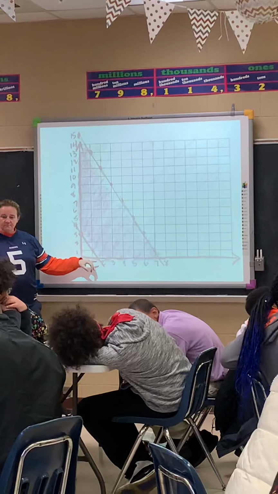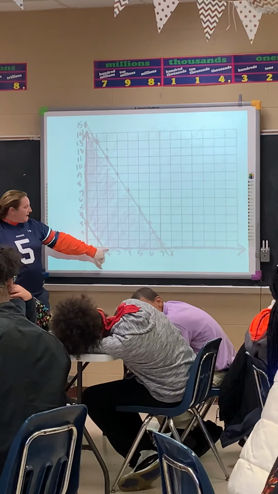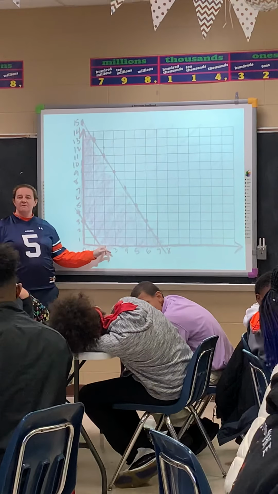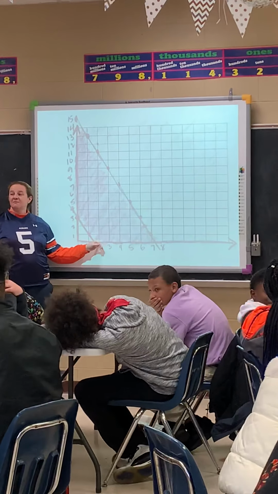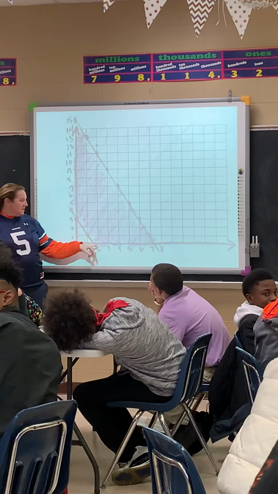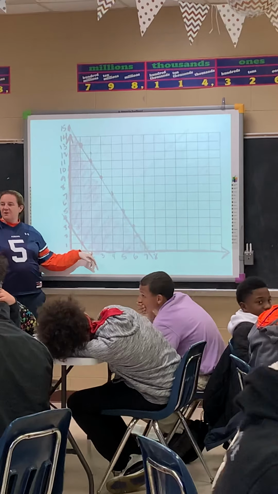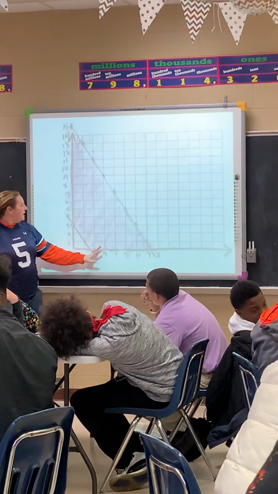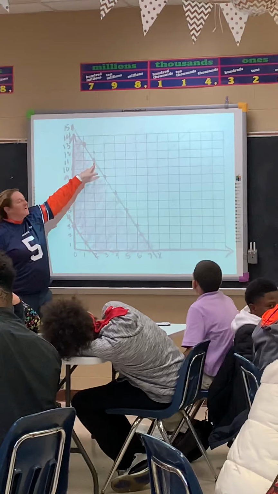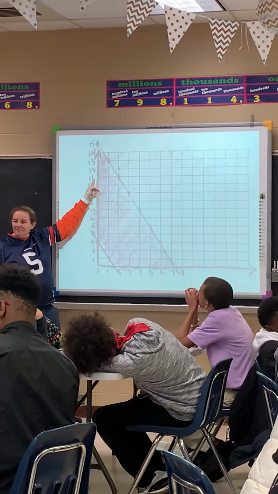But here's the catch on this. If we want them to score 15 points, and they hit 2 field goals, so they got 4, then the maximum amount of free throws they could hit would be how many? 11.